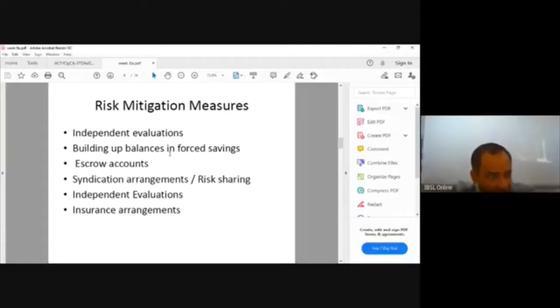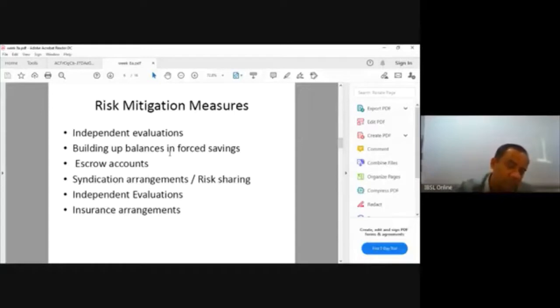Is it the lead arranger who takes the priority? But then the other banks will say, no, if you are taking priority, we are not going to participate, because your loan portion is high, and only once your loan is paid will they pay us. Sometimes the fund may not be enough to pay our loan in case of liquidation. So we can't go and take a secondary, tertiary mortgage on that, right?